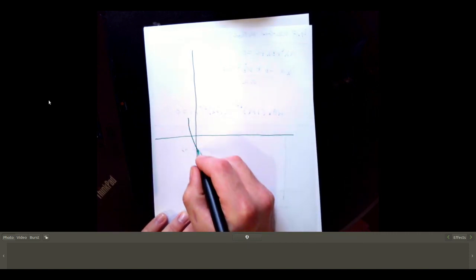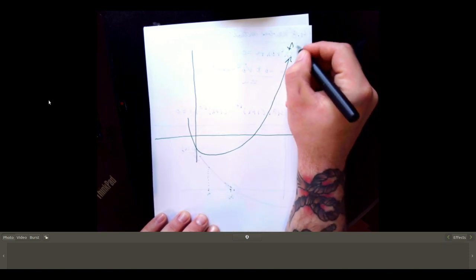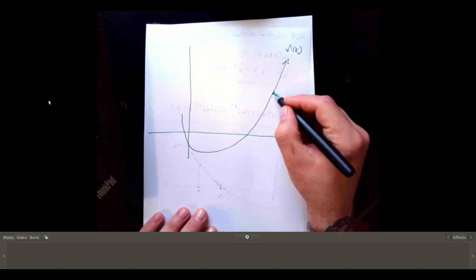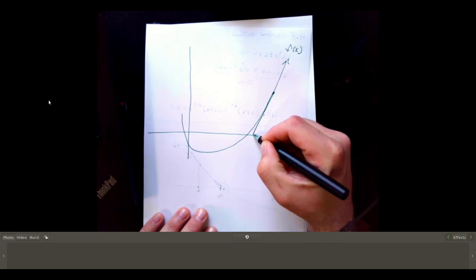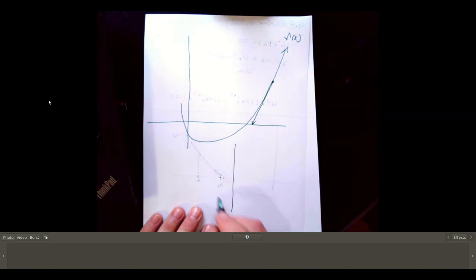So this is our function f of x. Whenever we find the equation of a tangent line, it's going to point straight towards a root, or the x-intercept is, even if we're going in the other direction.